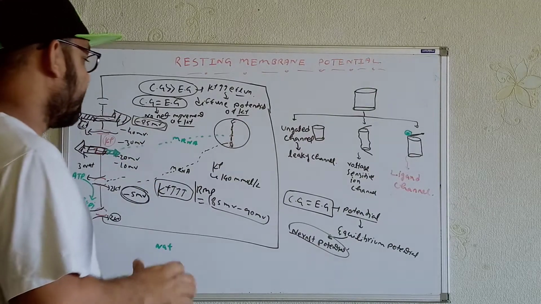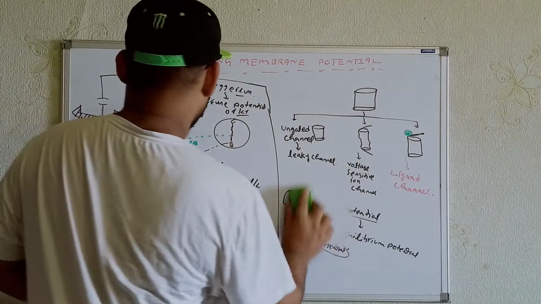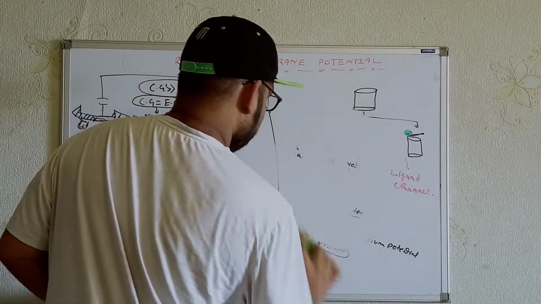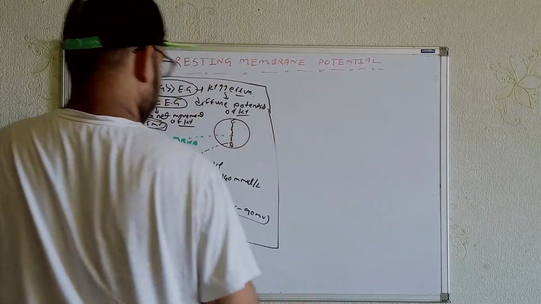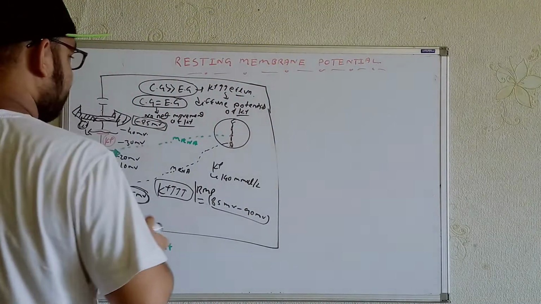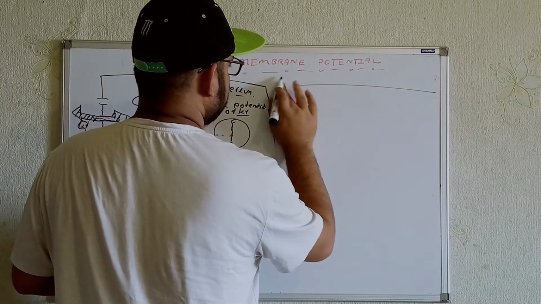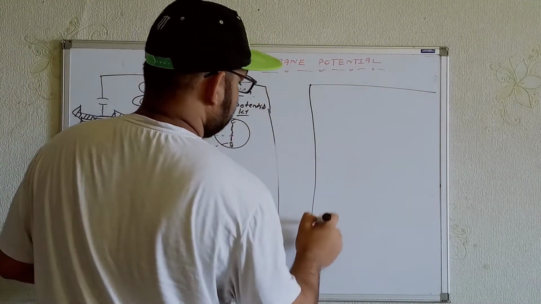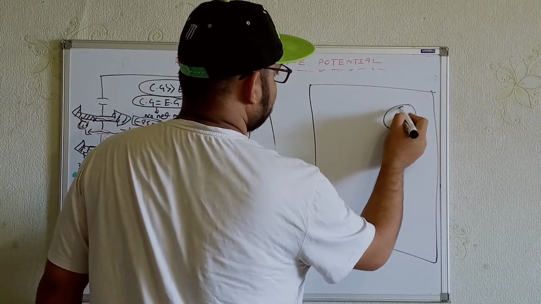Now we'll talk about another type of cell. For example, there is another type of cell. Within the cells, again, the nuclear material, the genetic material, is over here.